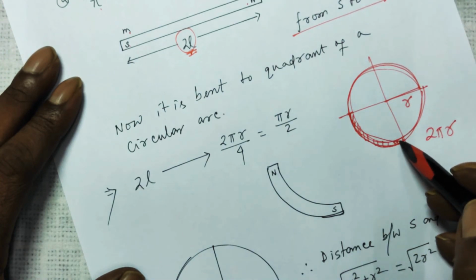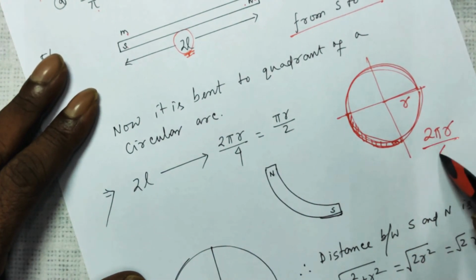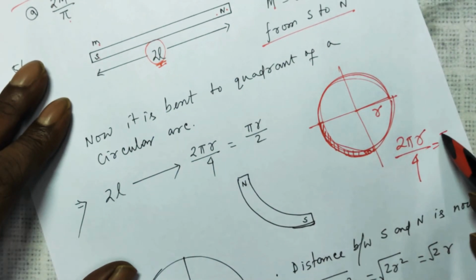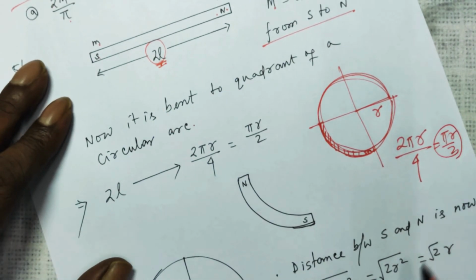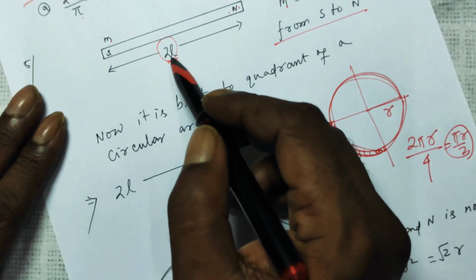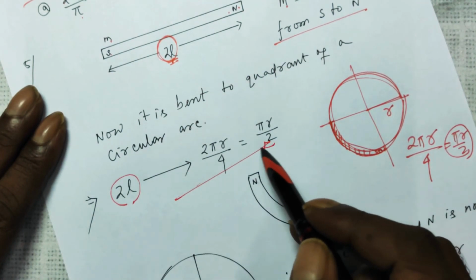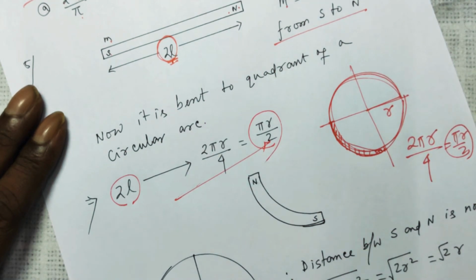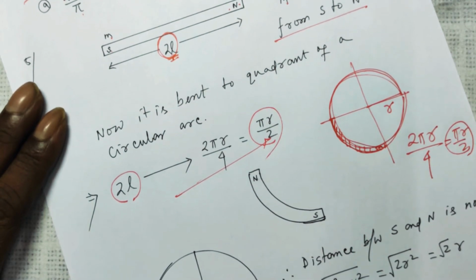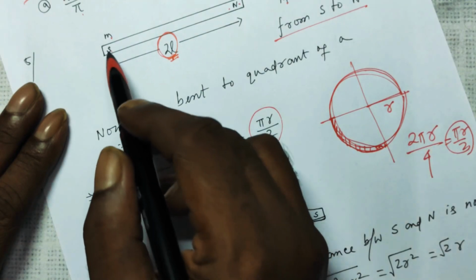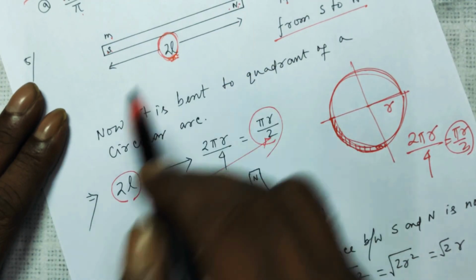This is 1/4 of that, that is 2 pi r over 4, which is equal to pi r over 2. So your previous length 2l becomes pi r over 2.